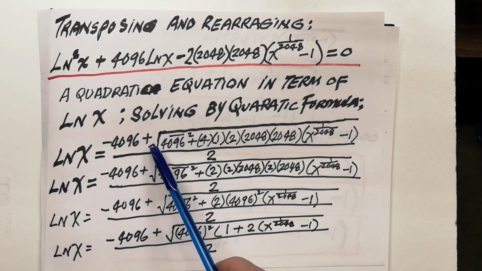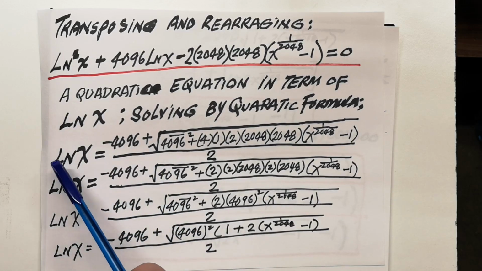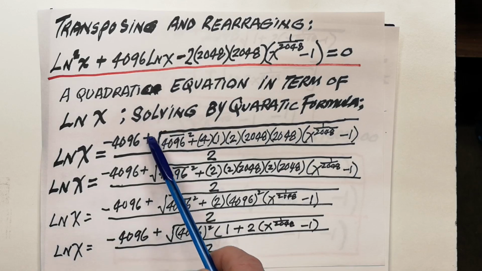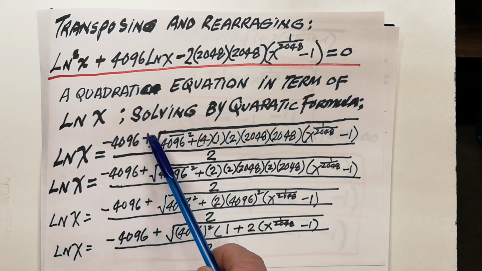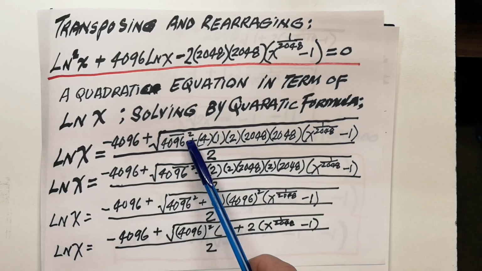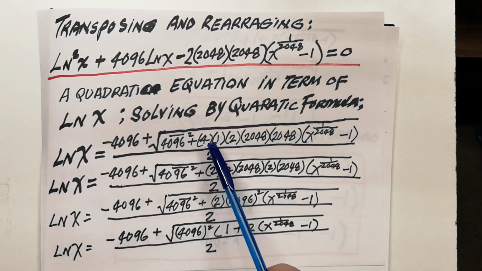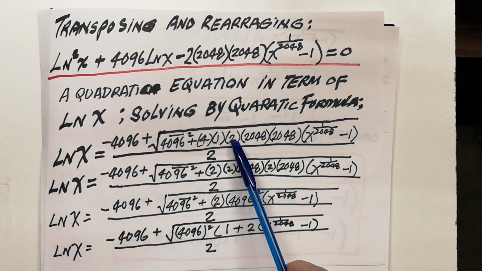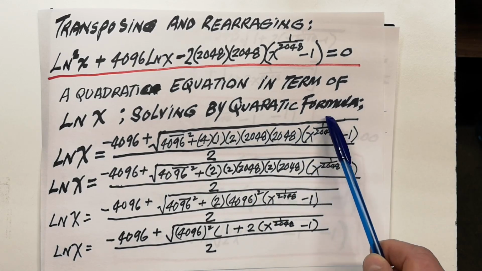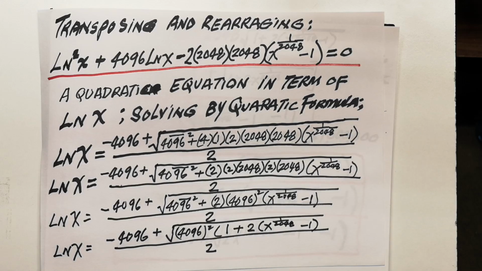It's supposed to be plus or minus, but since ln of x cannot have negative numbers here, I just use positive: 4096 plus square root of 4096 square plus 4 times 1 times 2 times 2048 times 2048 times x raised to the 1 over 2048 minus 1.